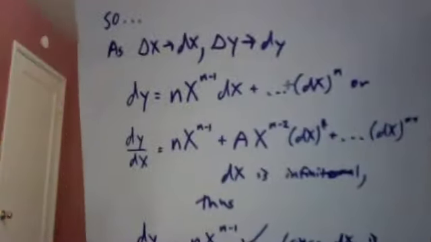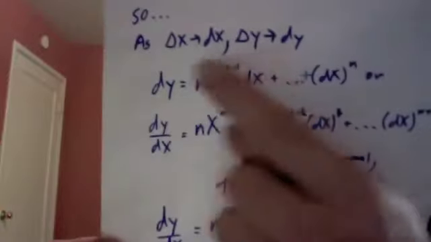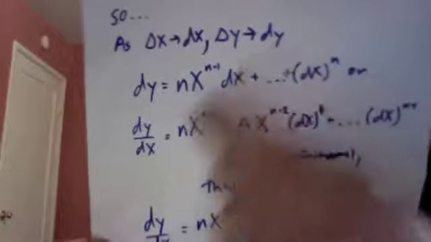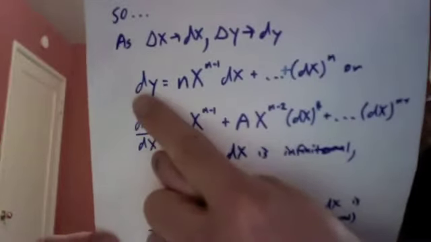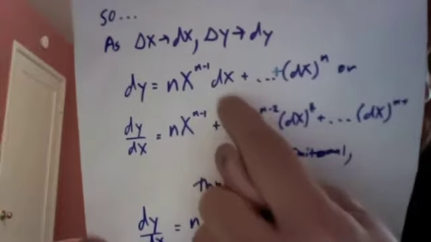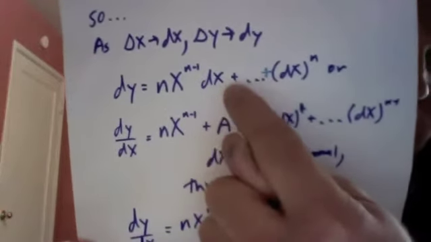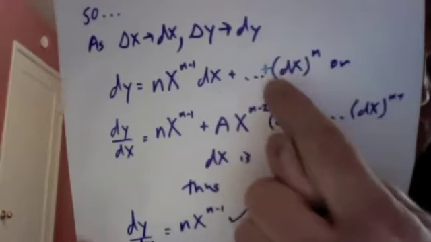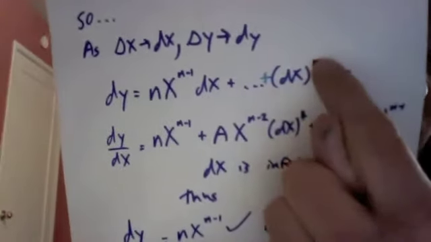Now I'm going to put an infinite number of dotted lines into that curve there, and my delta x can become dx, my delta y is going to become dy, and I'm going to now have dy equal to n times x to the n minus 1 dx, plus something going out to dx all together to the n.